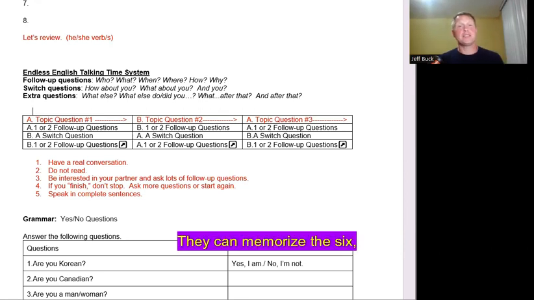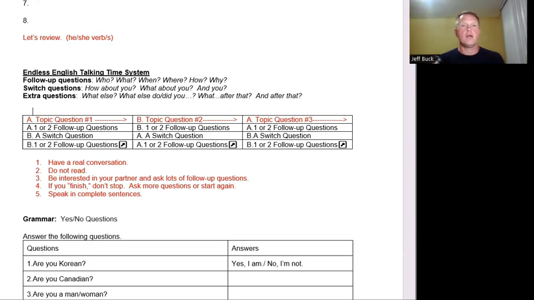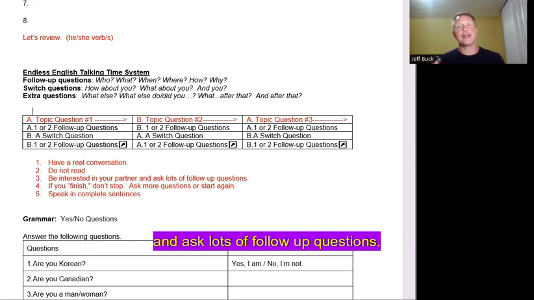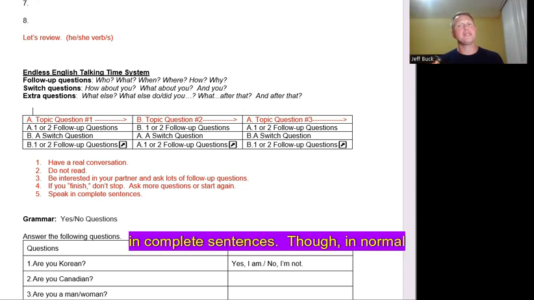They can memorize the 7 questions in a minute. Who, what, when, where, how, why, how about you? They should be interested in their partner and ask lots of follow-up questions. And they should speak in complete sentences, though in normal conversation, we don't always do that.